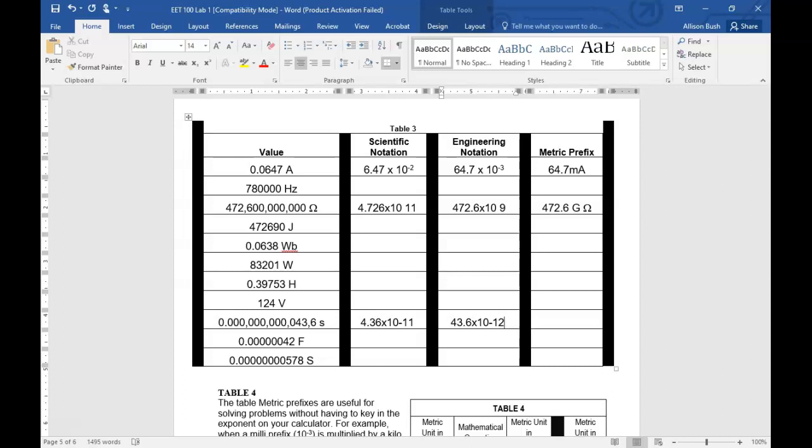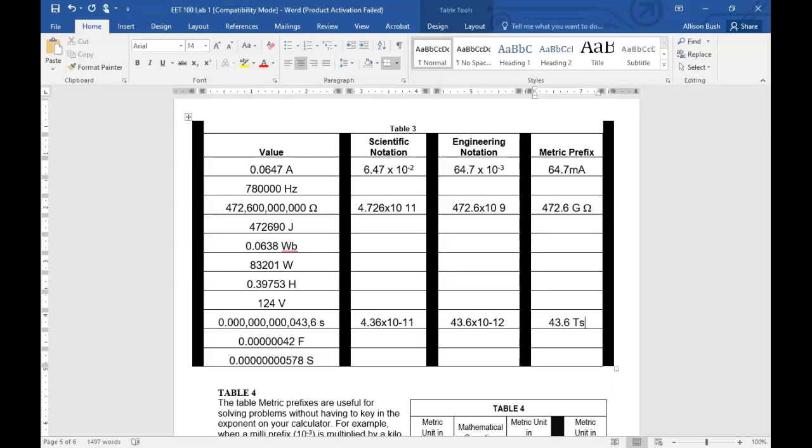So 43.6 times 10 to the negative 12. So what would my numeric prefix be for this one? 43.6 tera. And that is the notation for seconds.